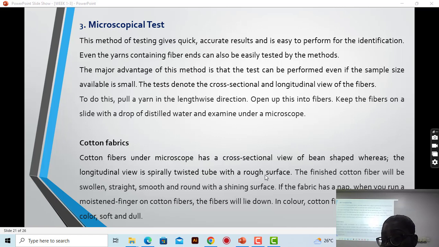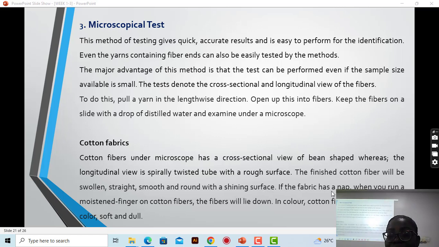It will look rough. The finished cotton fiber will be swollen, straight, smooth, and round with a shiny surface. All these things you are seeing with your eyes through the microscope. So once you see these characteristics, it means the fiber you are testing or identifying under the microscope is cotton.